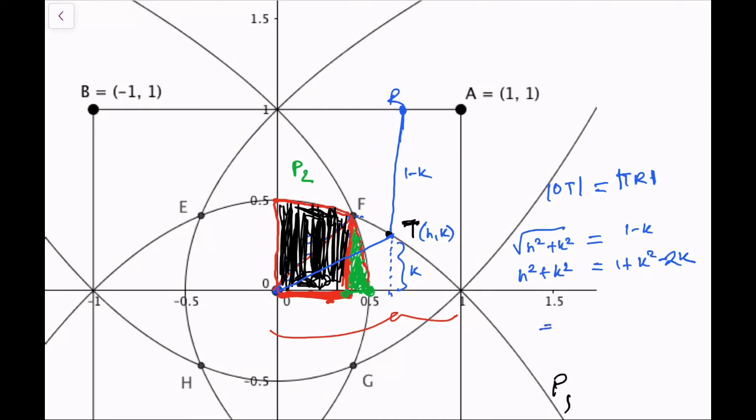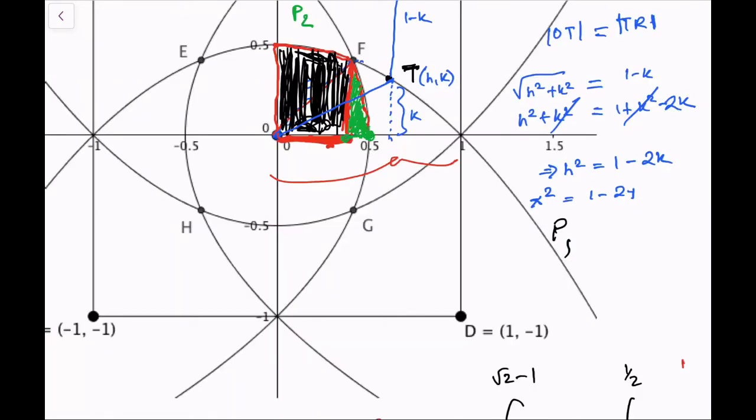So we get h square equals 1 minus 2k. This k square cancels. So the equation is x square equals 1 minus 2y. Of course, we want to integrate it eventually, so we can write it as y equals (1 minus x square) by 2. So we would want to integrate this particular function from 0 to square root of 2 minus 1.